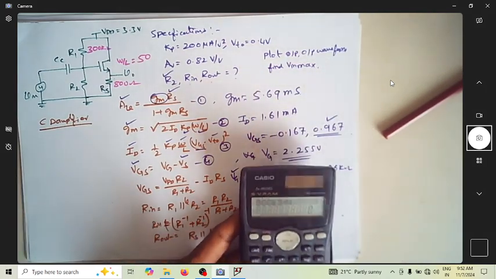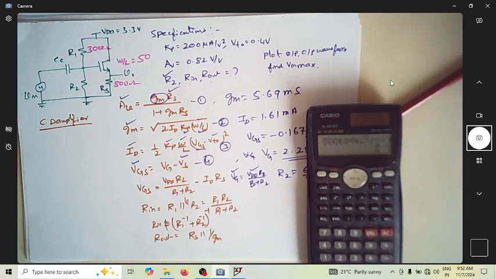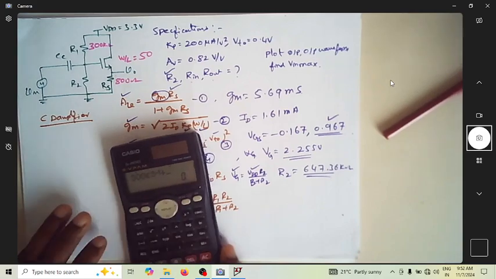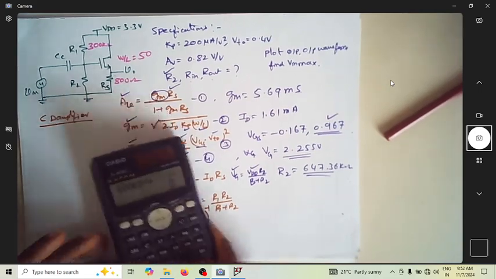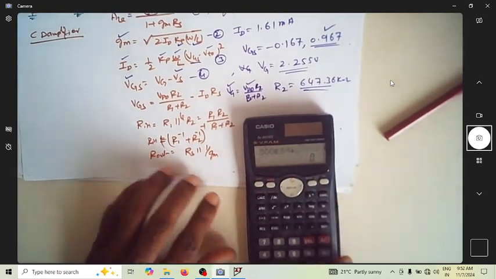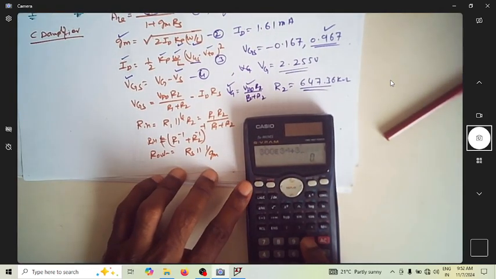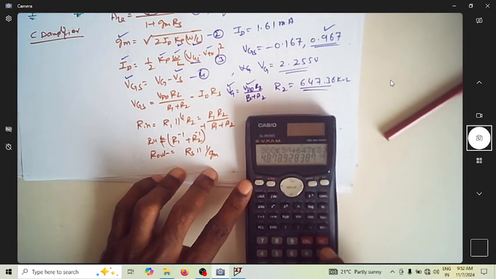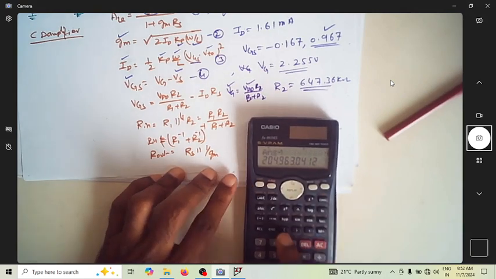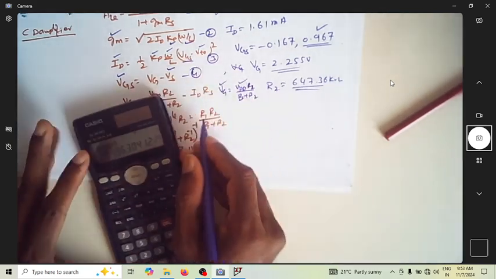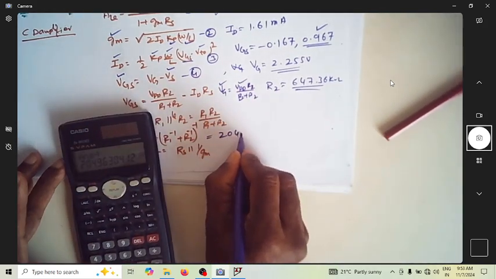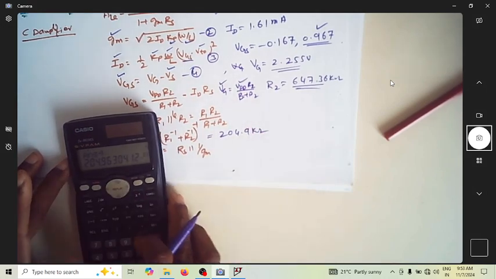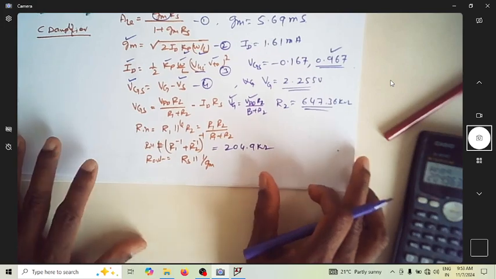I think by this time you're all used to this calculator. So this is 300k and 647 exponential 3 inverse, equals, whole inverse is 204. So R in is 204.9 kilo ohm. This is the value of R in.